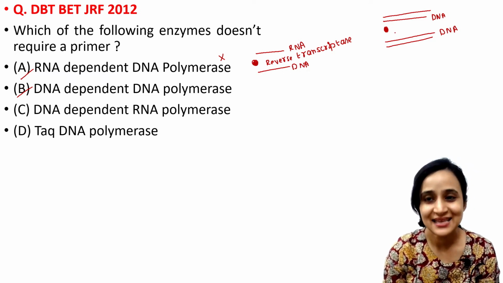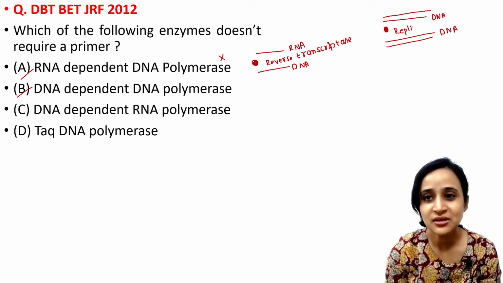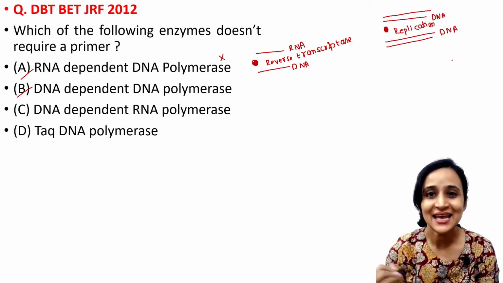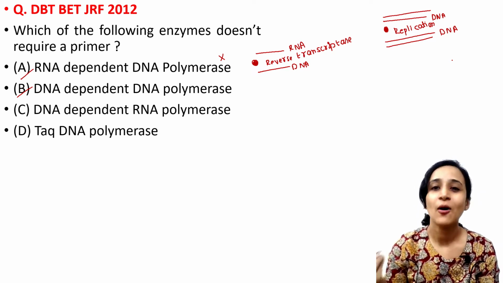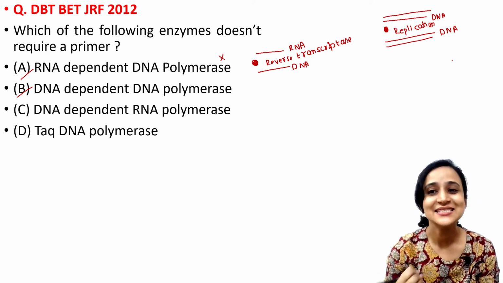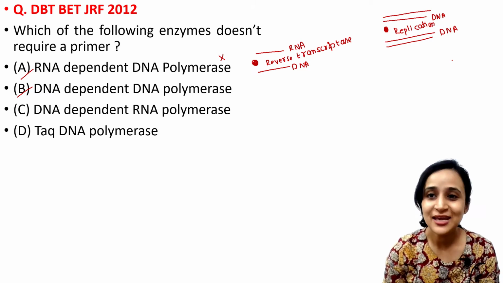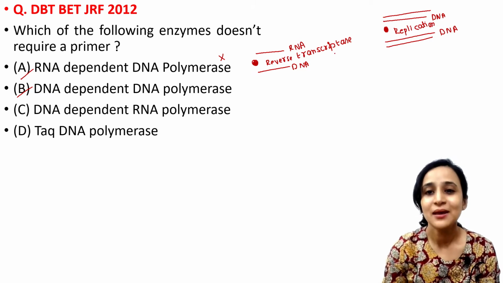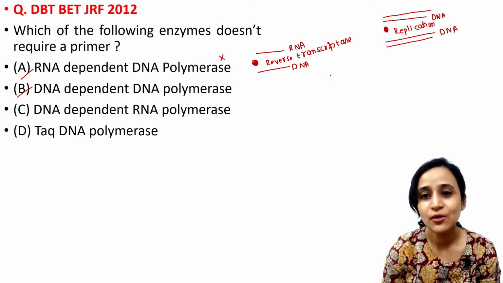So this enzyme is involved in the replication process, because DNA is getting produced from a template DNA. So it is DNA replication. We know that DNA replication requires a primer, because first we know what happens in replication.